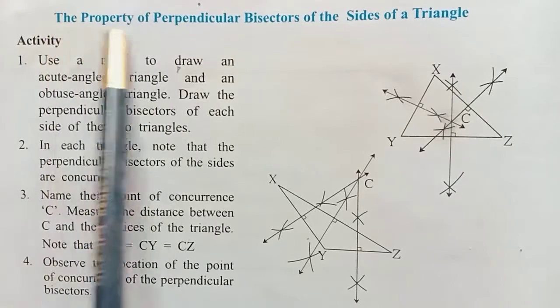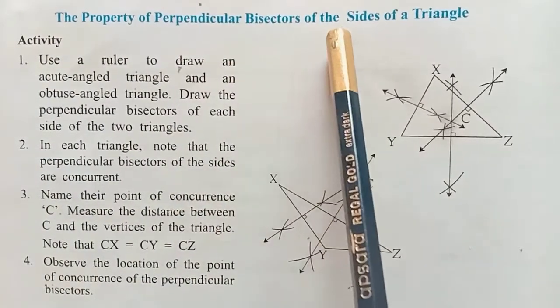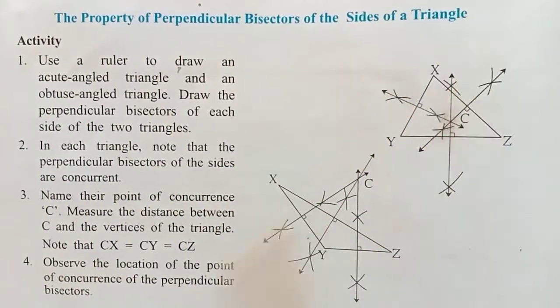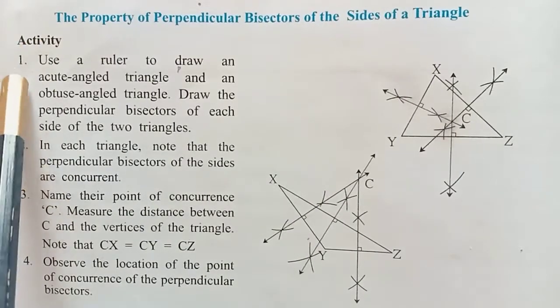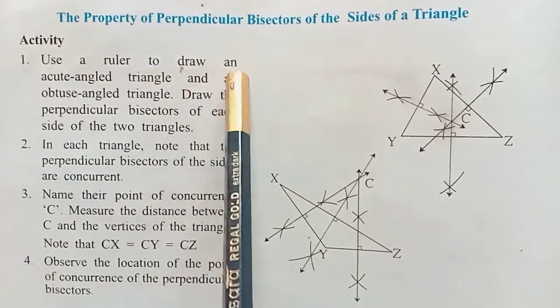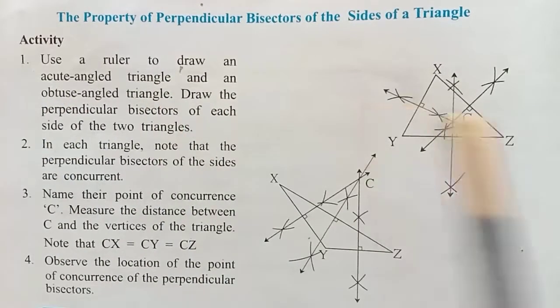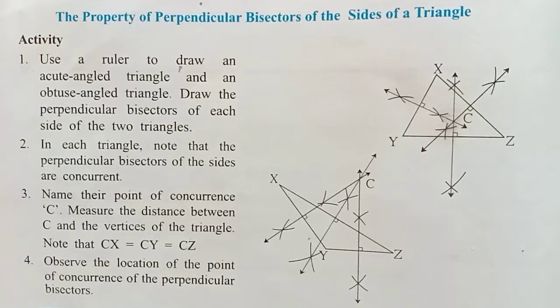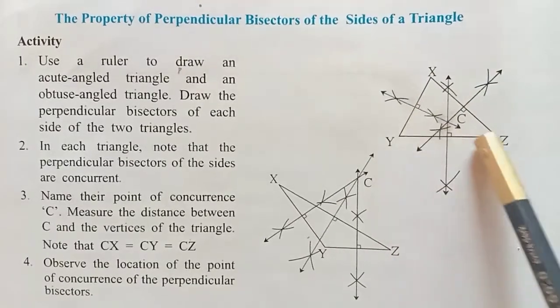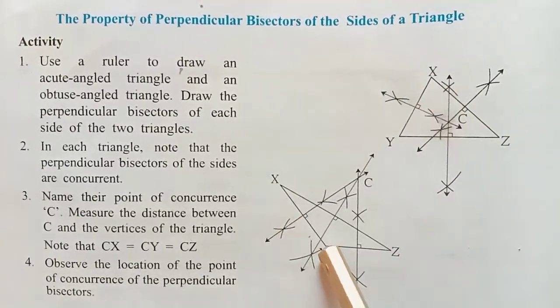Now let's study the property of perpendicular bisectors of the sides of a triangle. Activity. First, use a ruler to draw an acute angle triangle and an obtuse angle triangle.